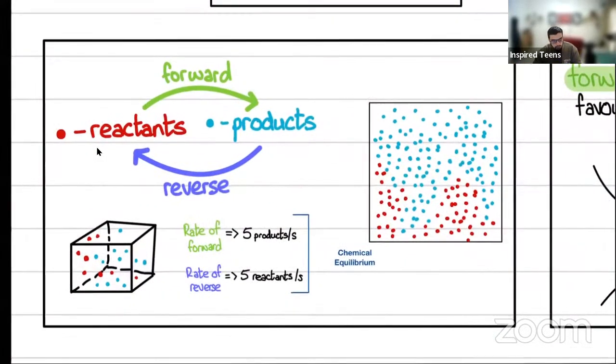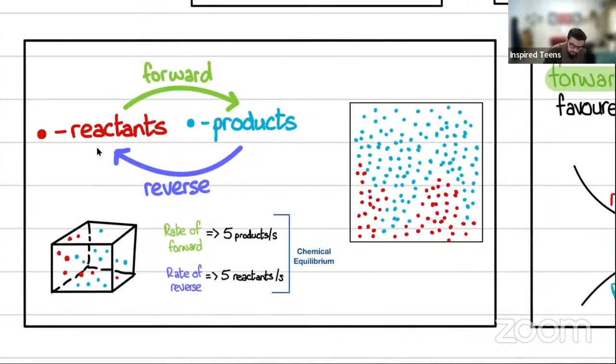Then we tried to relate this chemical equilibrium, or a reversible reaction in an isolated container, using diagrams. We discussed that the forward reaction converts reactants to products, and the reverse reaction converts products into reactants. We had this little box where we had products and reactants.